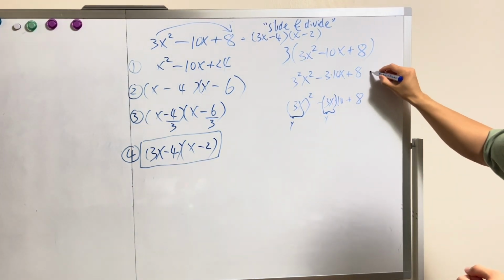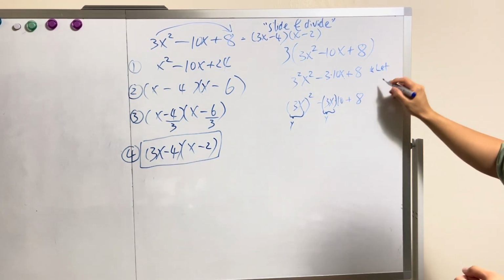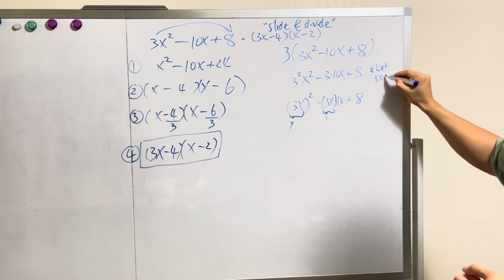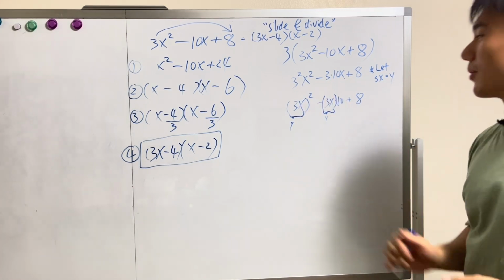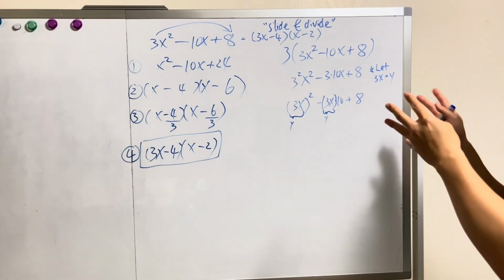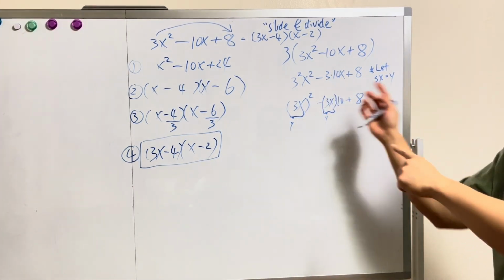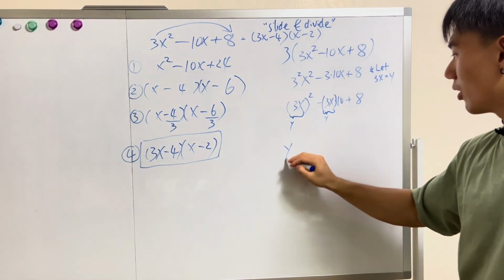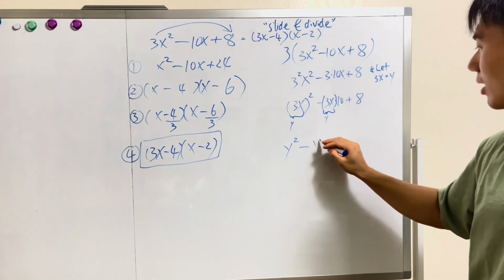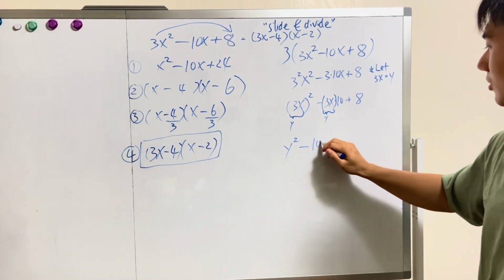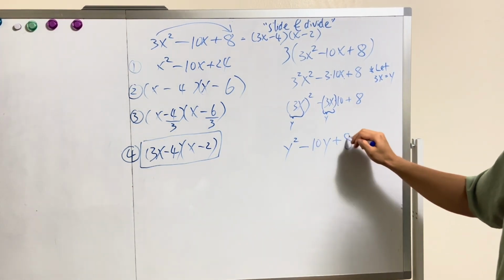So on the side, I'll write let 3x equal y. I'm going to replace 3x with y, so I can simplify the look of this expression. Then we'll have y squared minus 10y plus 8.